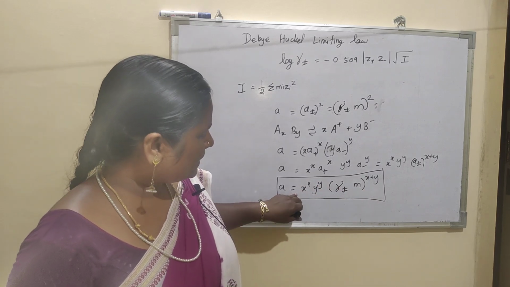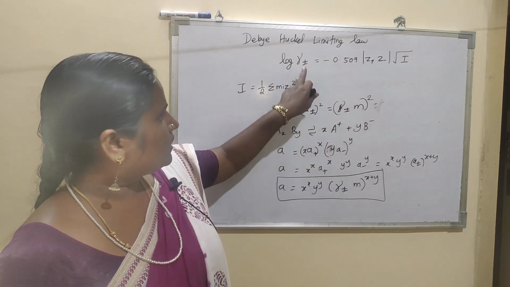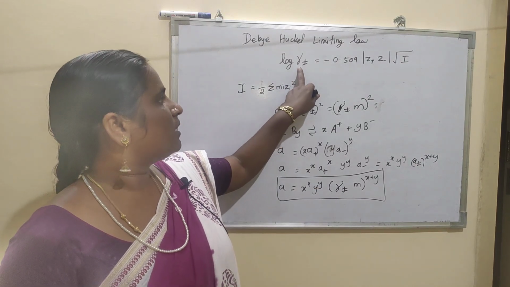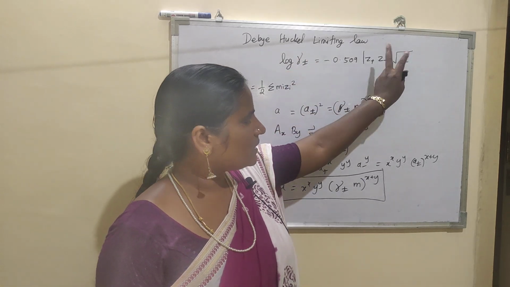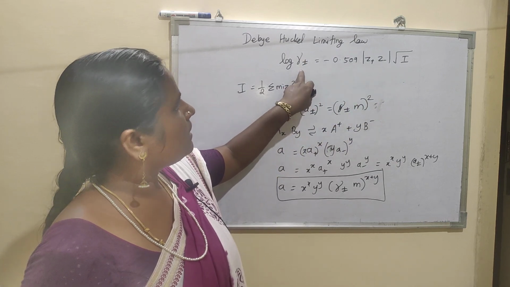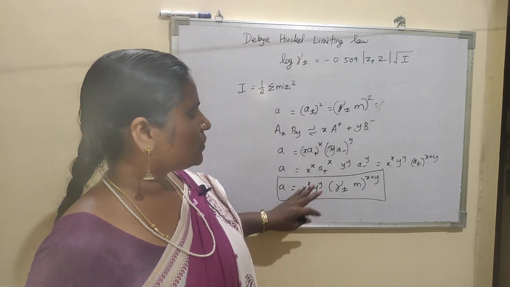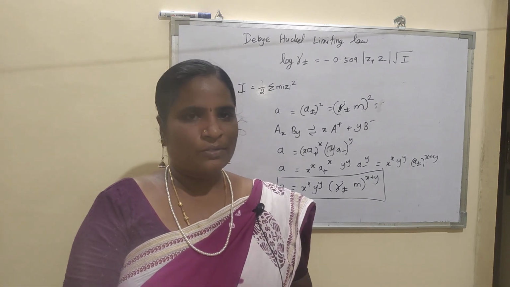For calculating the activity, you have to know the mean activity coefficient. That one you can calculate from the Debye limiting law. For that, you have to know the ionic strength and the charge of the ions. So if you know both, you can calculate the mean activity coefficient. From that, you can calculate the activity. Hope you understood this one. Thank you.